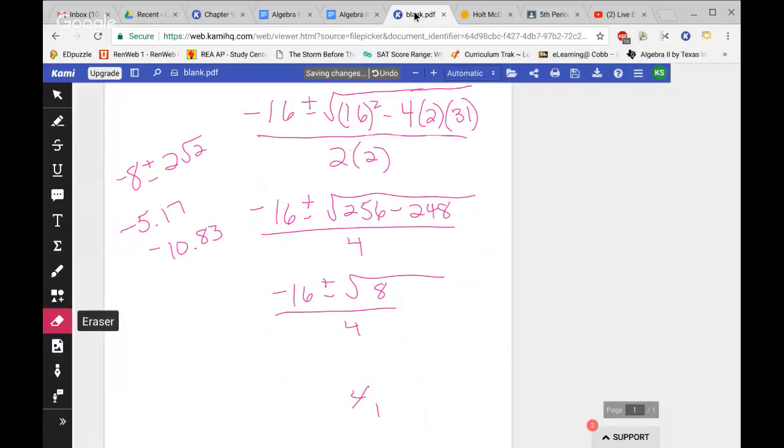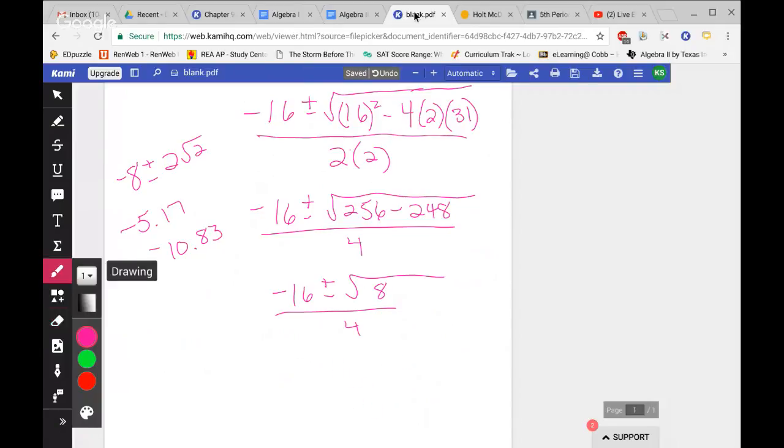Back here, where I wrote negative 16 plus or minus 2 times the square root of 2 all over 4. Divide everything by 2. Then it's negative 8 plus or minus the square root of 2. Sorry about that.